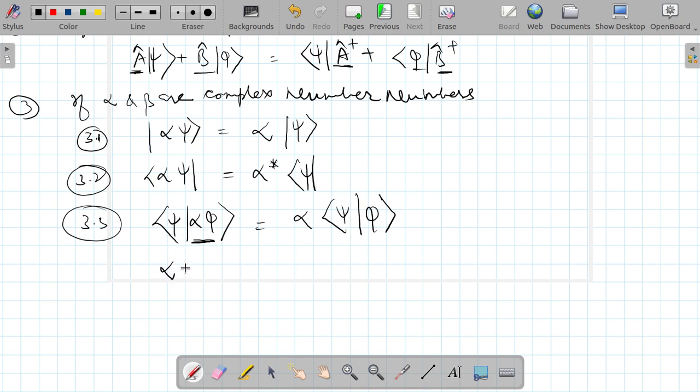But if some complex number, or any number, is multiplied with the bra vector, then it can be taken outside but with the complex conjugate of that number. This is a very important thing which we have to keep in mind, because it is multiplied with the bra vector, so it can be taken outside with its complex conjugate, right?